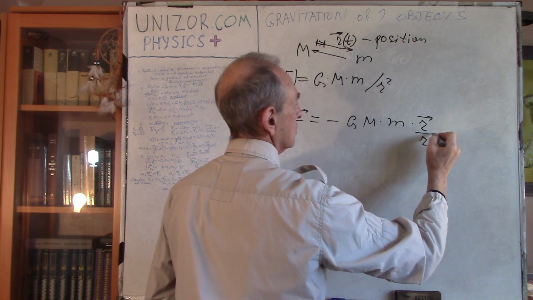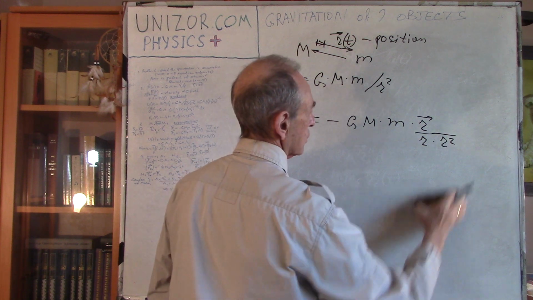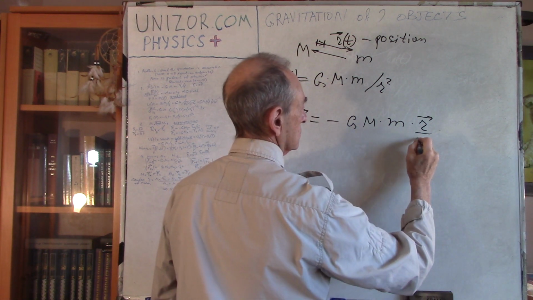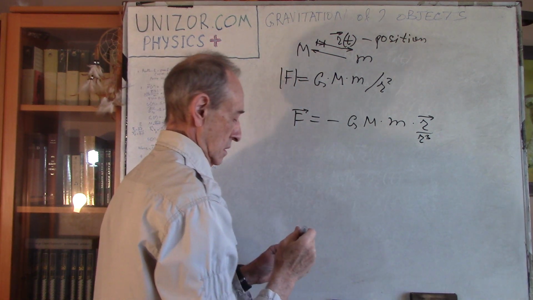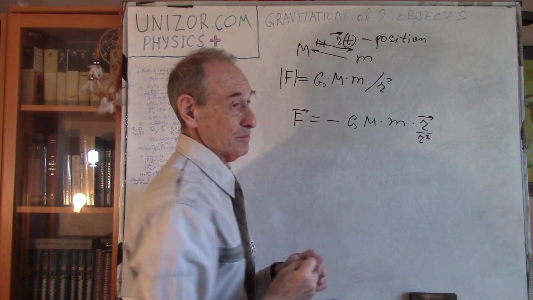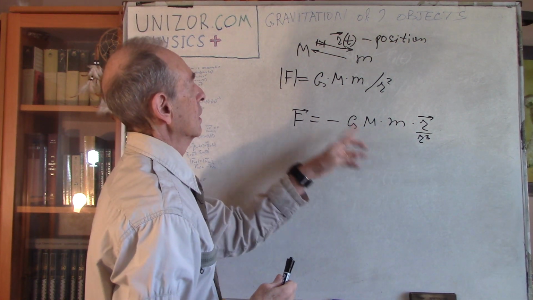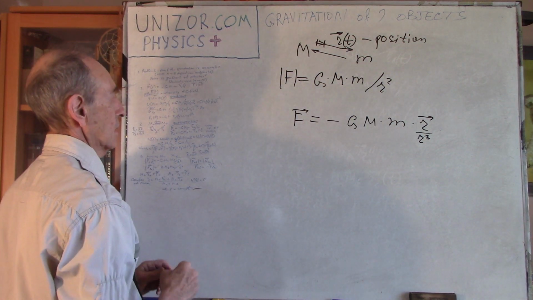Then I will continue dividing by r squared, so it would be r cubed. This is a better formula in the sense that this is the vector formula, while the other is just scalars.